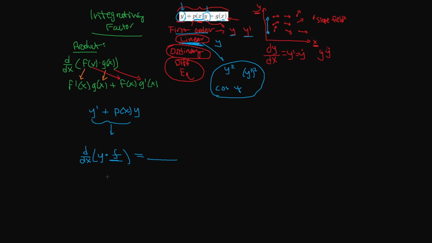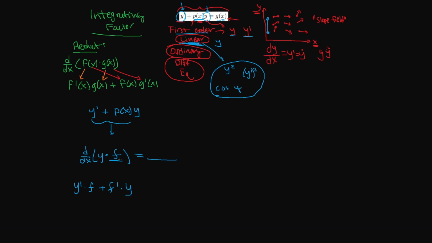Now, if we did the product rule of this, we would have y prime times f plus f prime times y. So that's not super helpful. It's actually not really helpful at all.